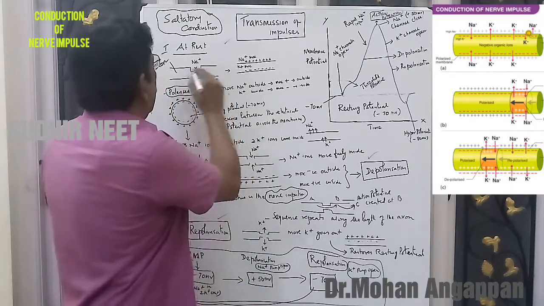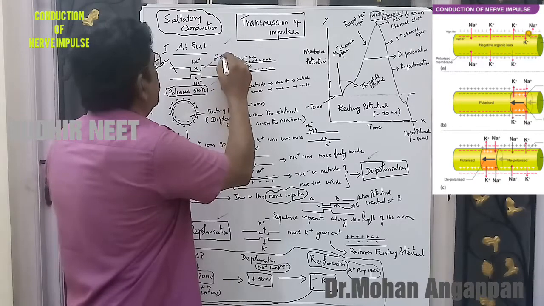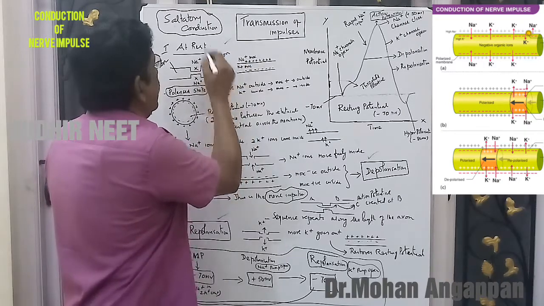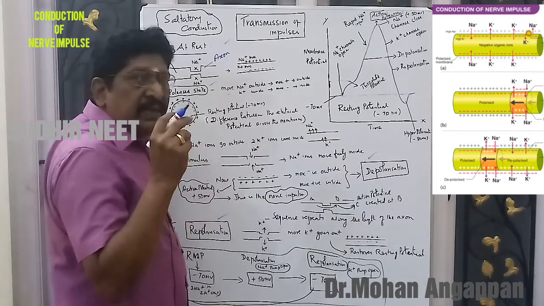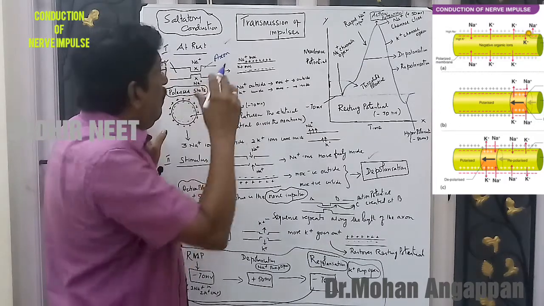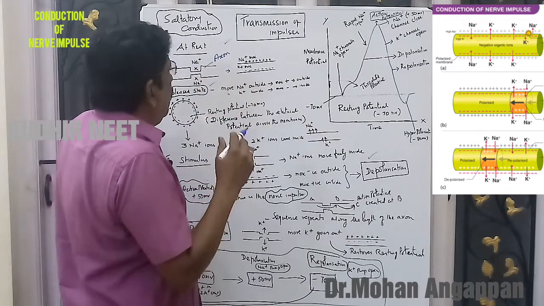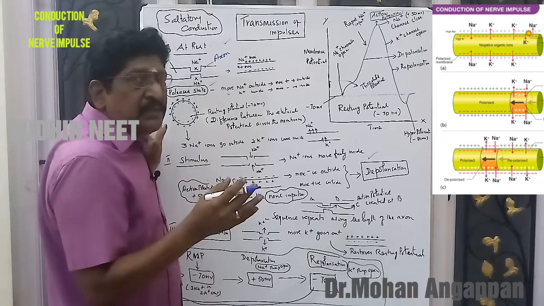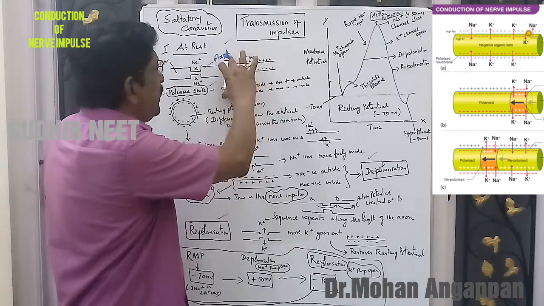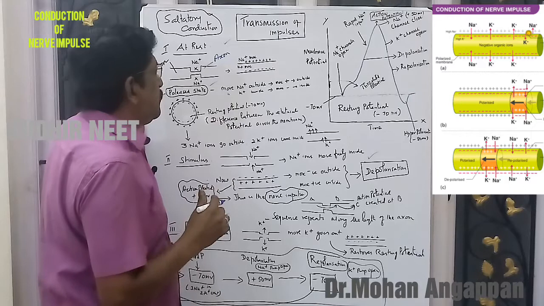This is the axon. Inside the axon and outside the axon. When the neuron is at rest, where there is no impulse, let us see the condition. First stage, at rest, what happens?